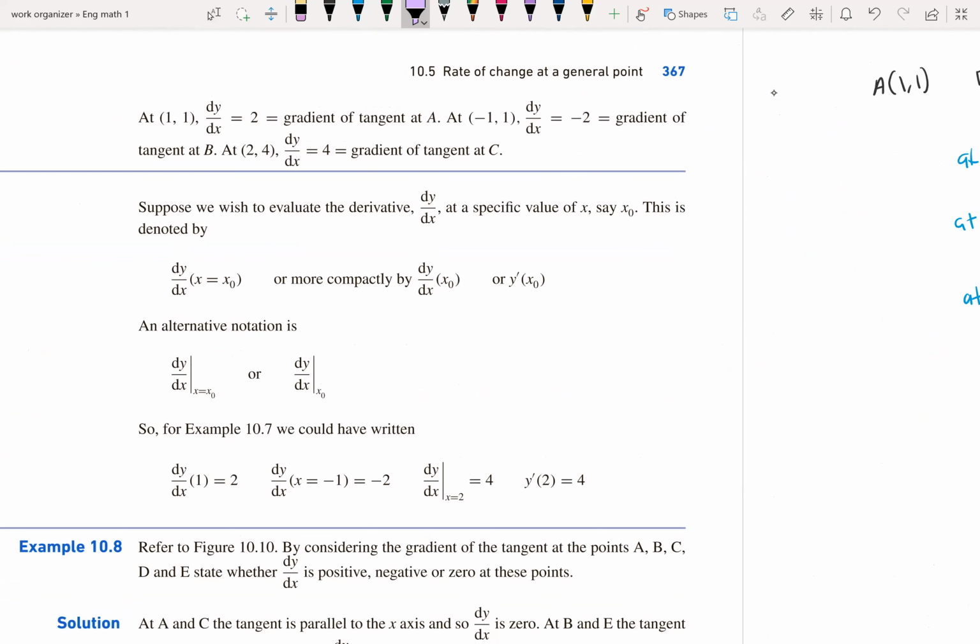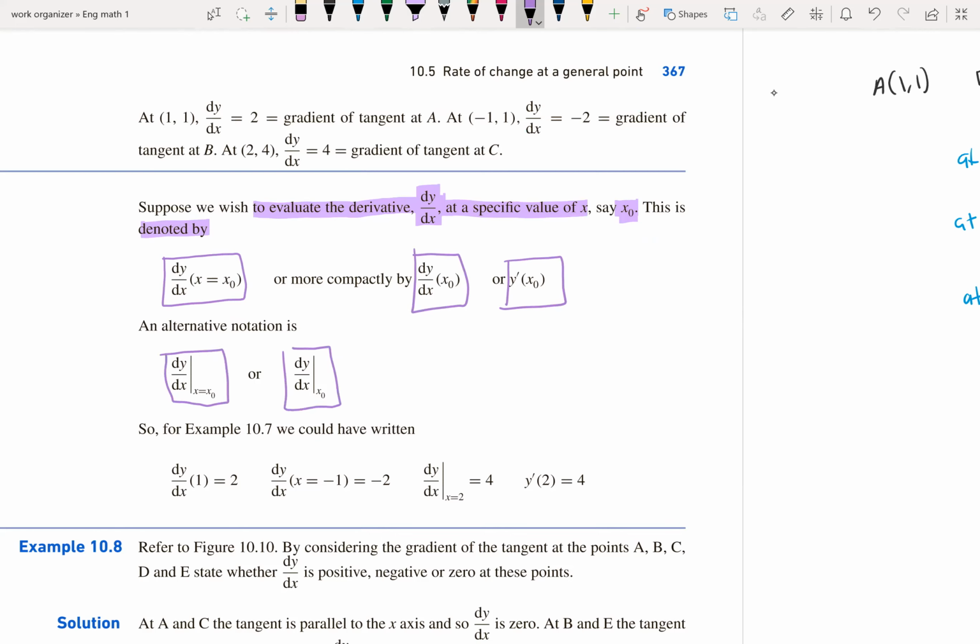To evaluate the derivative dy/dx at a specific value of x, let's say x naught, we can denote it using this symbol: dy/dx at x equal to x naught, or we can also write y prime of x naught.